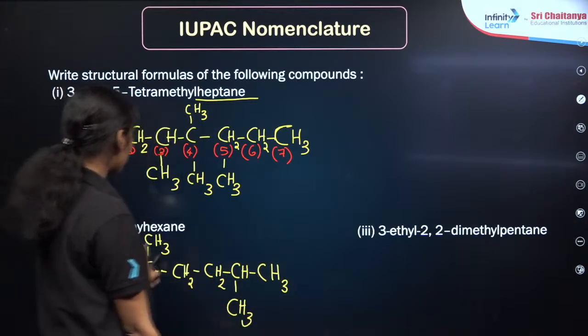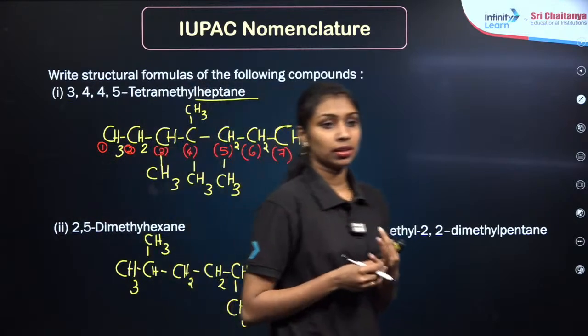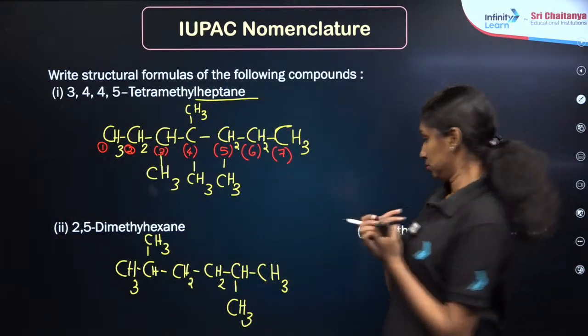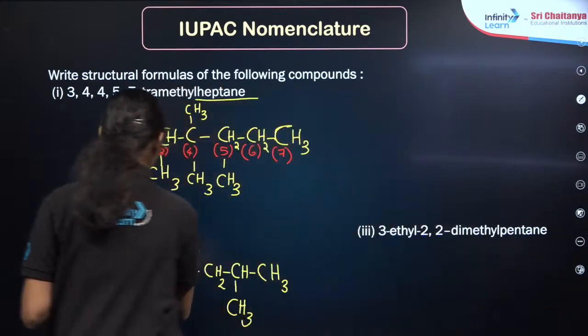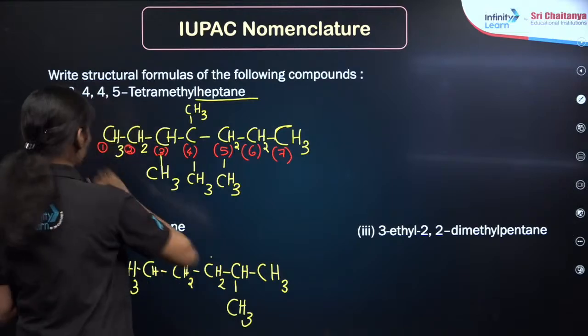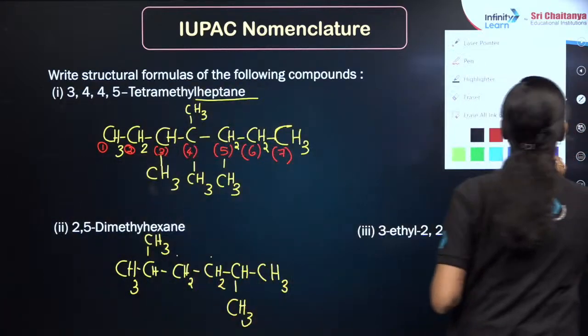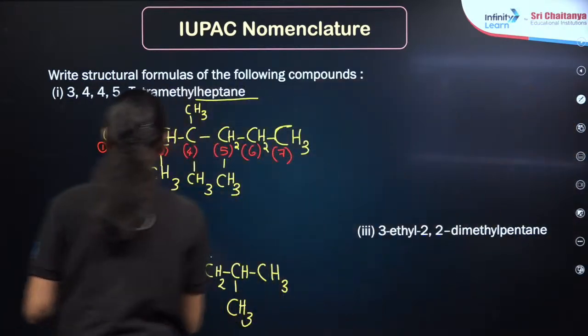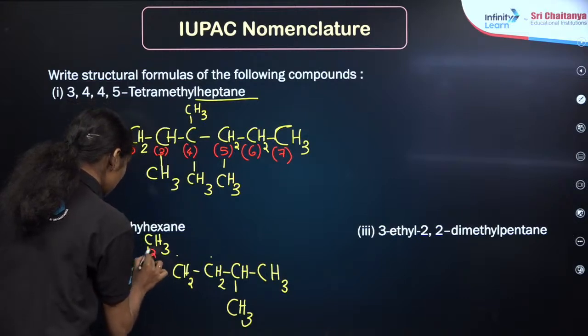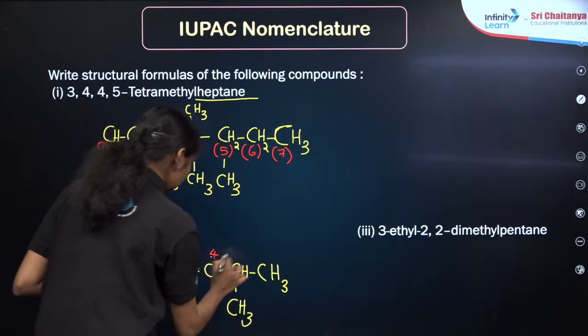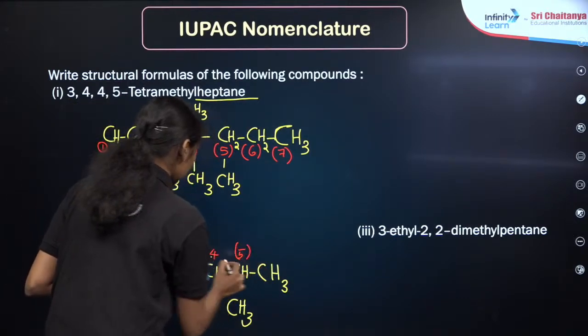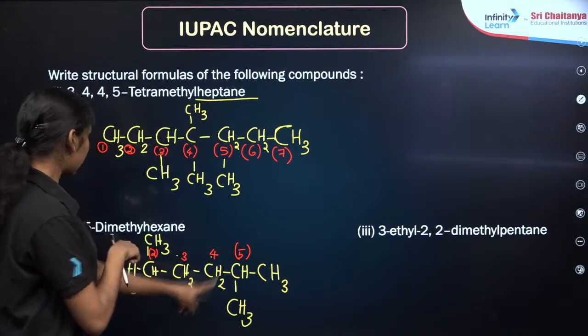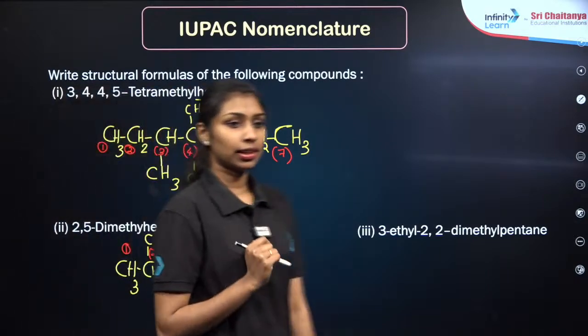Clear? This will be the 2,5-dimethyl hexane. Yes, it is the 5th position, right? If I take the position from here, 1, 2, 3, 4, 5, right? I have already added the methyl group in the 5th position. Atharv, is that clear now?